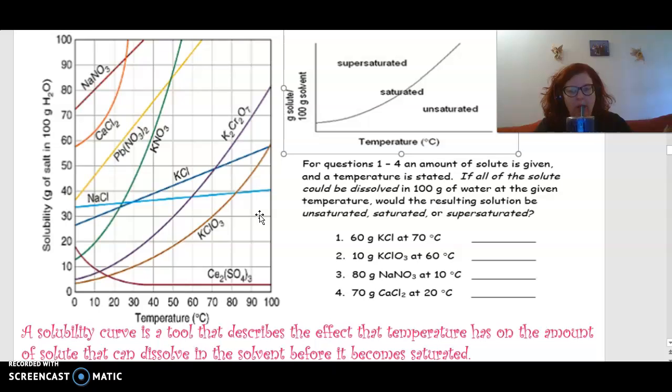All right, so help me out here. Look at questions 1 through 4. An amount of solute is given at a specific temperature. If all the solute could be dissolved in 100 grams of water at the given temperature, would the resulting solution be unsaturated, saturated, or supersaturated? All we need to do is look.